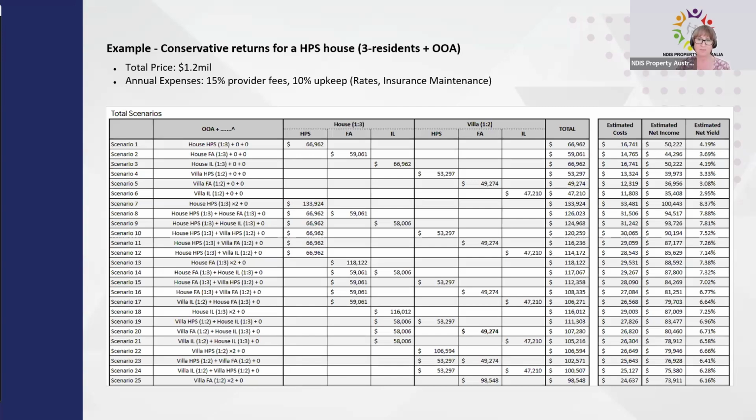I want to ask Denise a trivia question here to get her involved in our conversation. Denise, are you there? Yes, Minh. If a house, I call it HPS house, 4-bedroom, OOA plus 3 residents, the care provider on site, how many staff do you think are required to manage that 3-tenant house? 2?